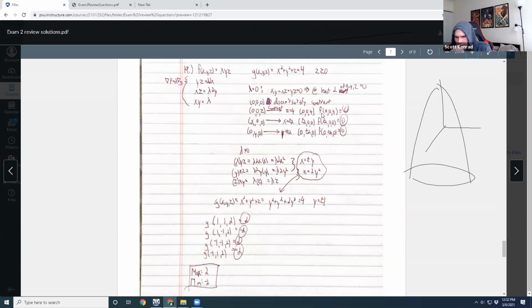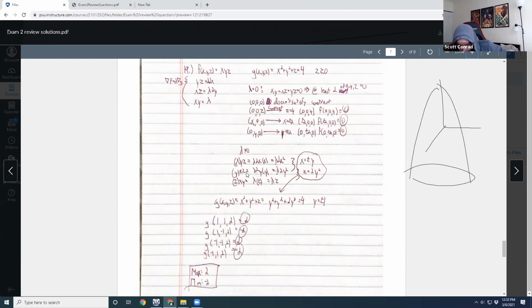Yeah, so the z greater than or equal to 0 is needed. So let's make sure. I'm trying to think what this means mathematically here.